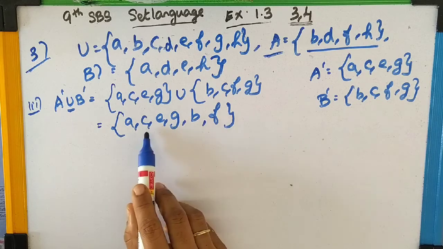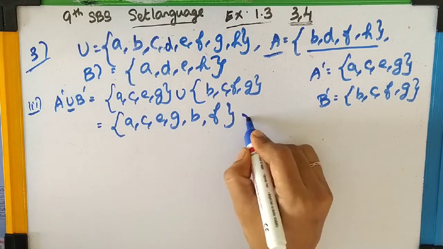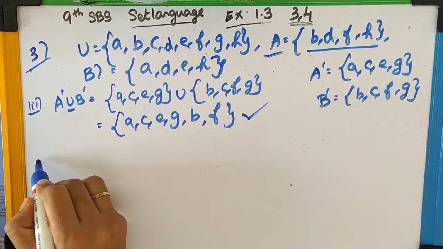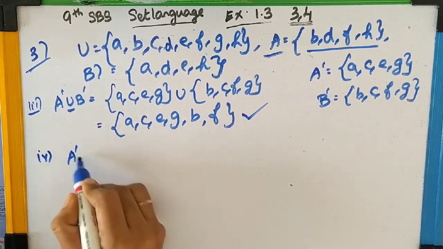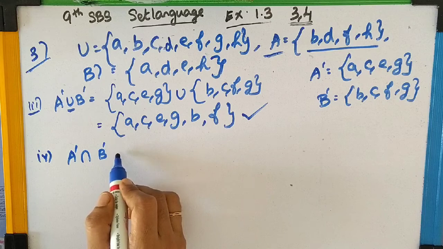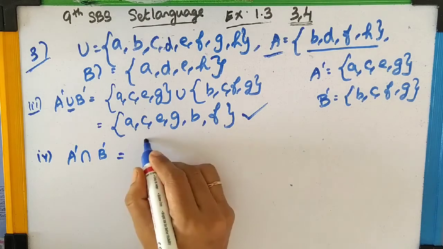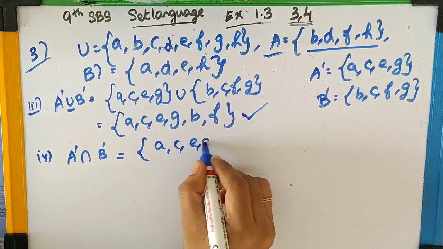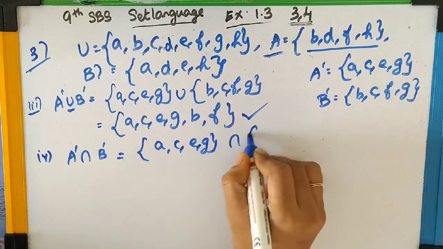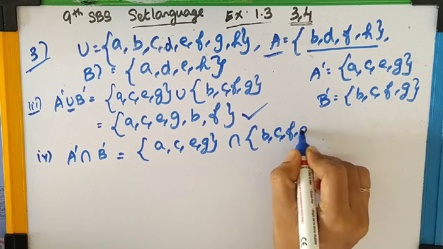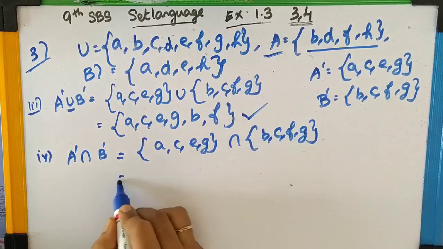Now let's move to the next question, that is the fourth question: A dash intersection B dash. For that we have to write A dash. What is A dash? A, C, E, G, intersection B dash. What is B dash? B, C, F, G. Here, what is intersection?